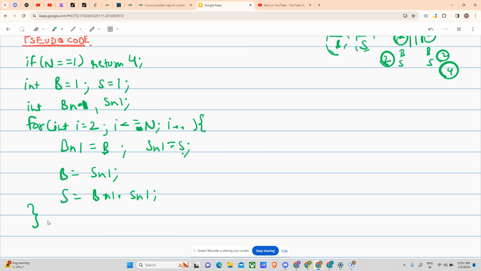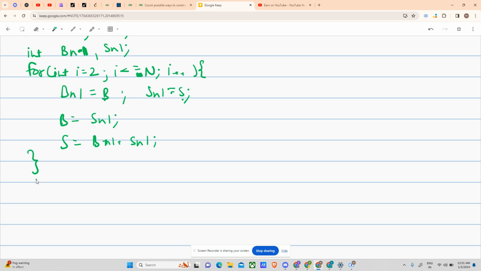Now just take care. The number of sequences at the end is b plus s. But the job is not done yet. These are the number of sequences on one side.